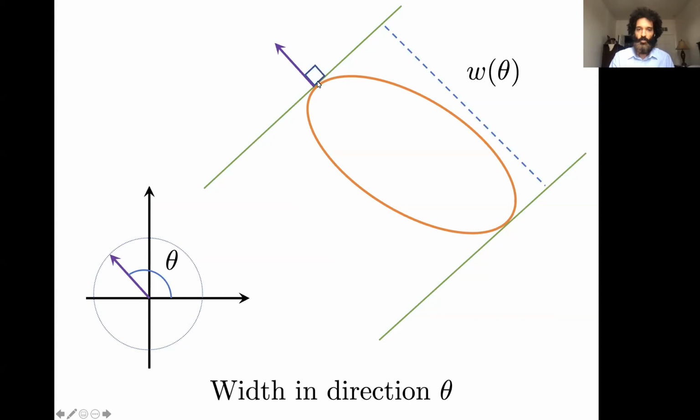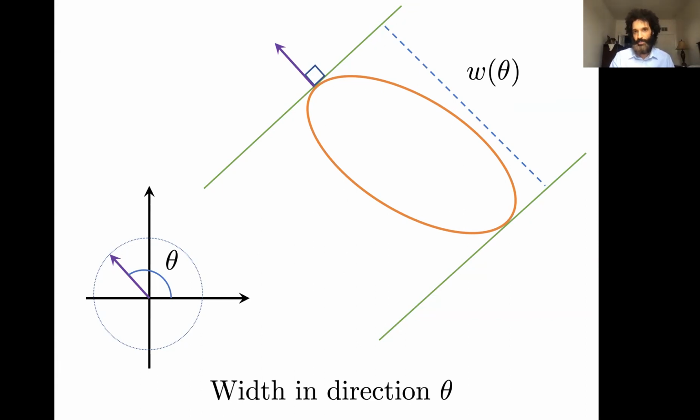And what I do is I find 2 supporting lines that are orthogonal to this direction made by theta, and then I look at the distance between those lines. Okay, that gives me a number, a non-negative number. I call that the width in direction theta. So if the shape is really flat in that direction, then W is going to be small, and if it's long as shown here, it's going to be a bit larger.